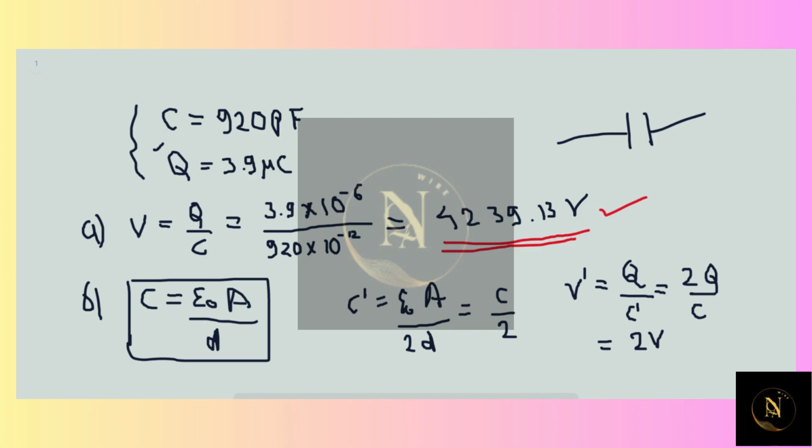The initial potential difference is V, and the new potential difference V prime, when the plate separation is doubled keeping the charge constant, is twice the initial potential difference.